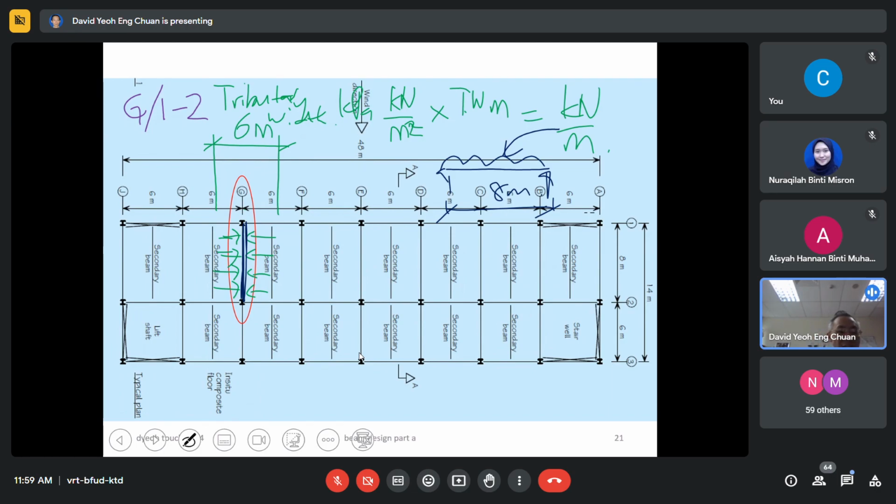So if you are designing for this beam, what is the tributary width? Zafri bin Ayub.